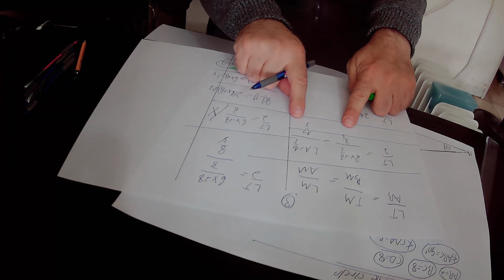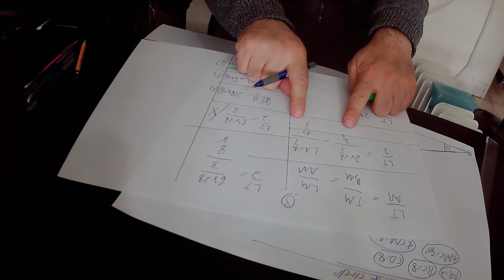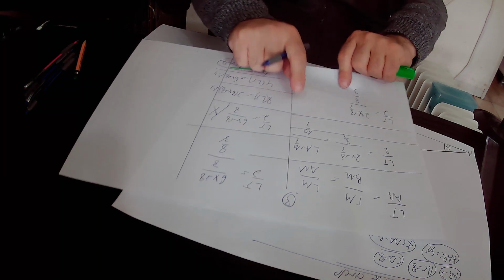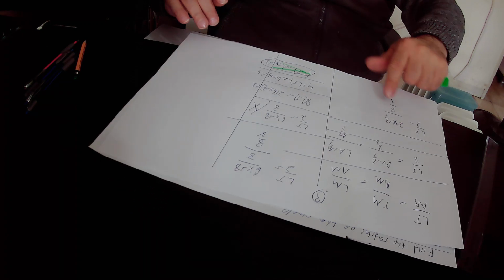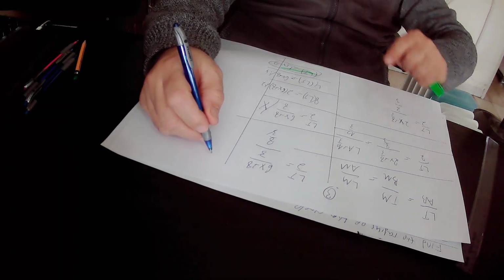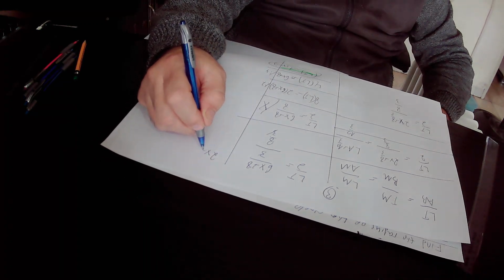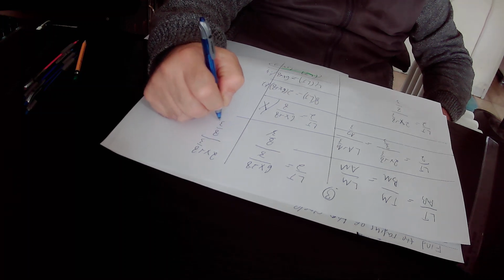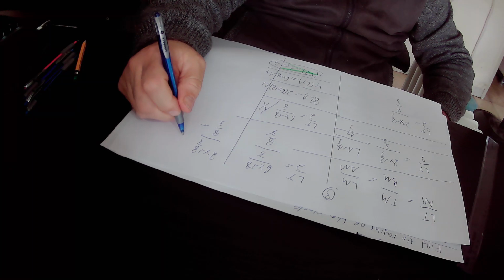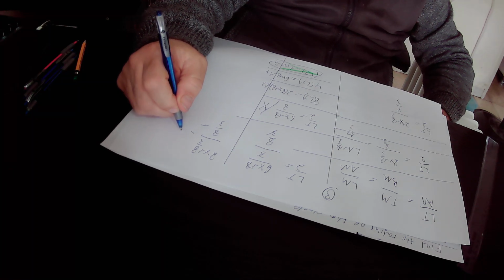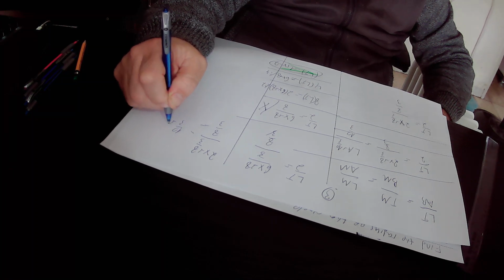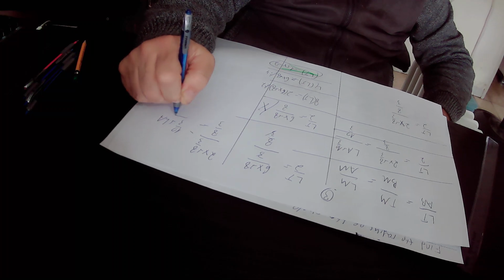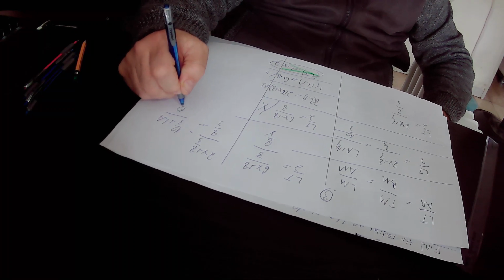Those two sides are equal to each other, so we'll create equation 2 from those two sides that are equal to each other. So according to equation 2, we get that (2x plus 8 over 3) over (8 over 3) equals (10 over 3 plus LA) over (10 over 3).